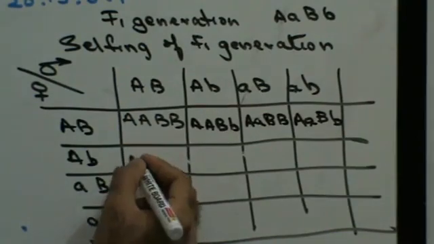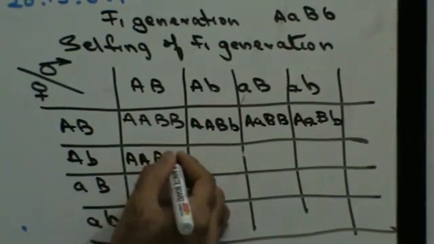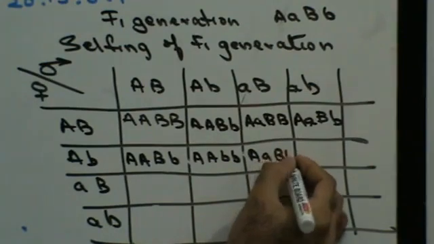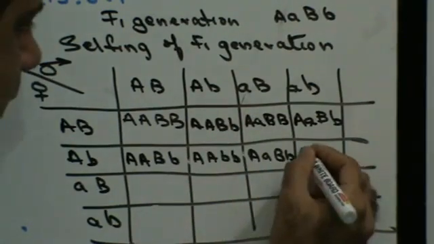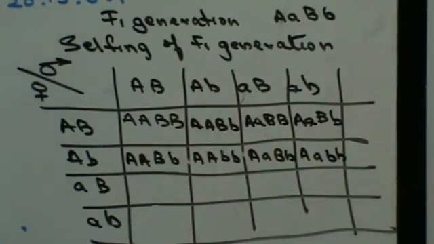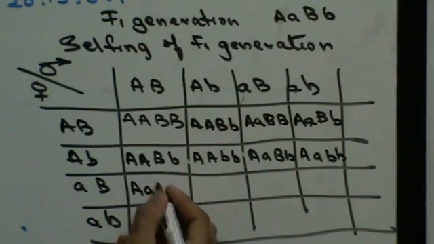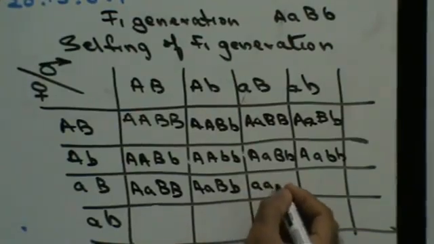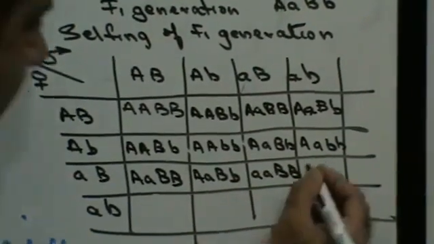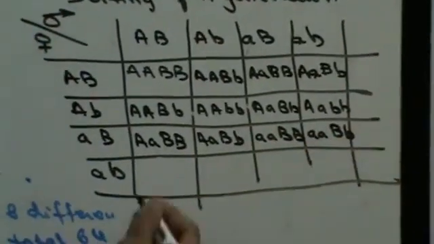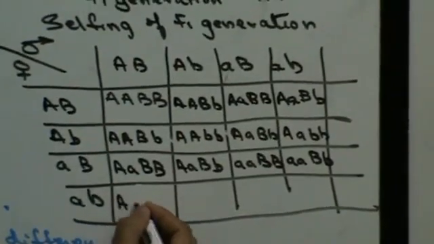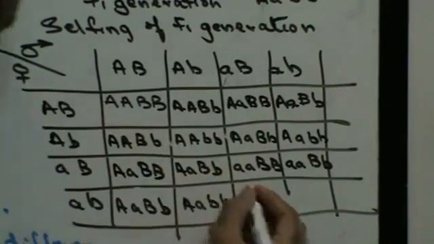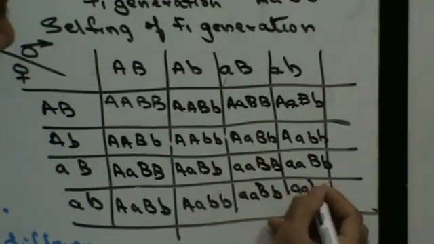Then similarly you could go on completing the checkerboard this way, row after row.